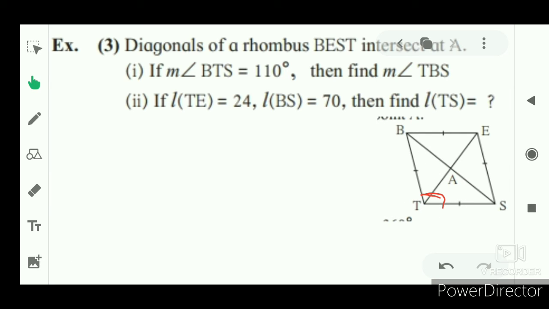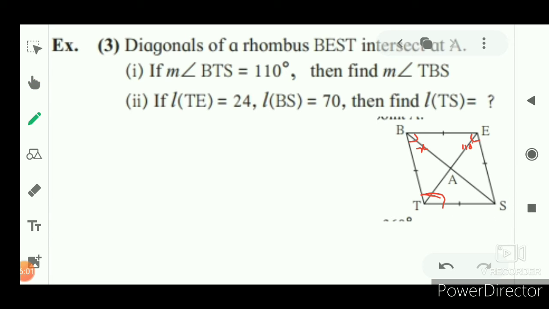In a rhombus we know that the opposite angles are equal, that is, the opposite angles are congruent. So the opposite angle of BTS is BES, so the measure of angle BES will also be 110 degrees. Now angle TBE and angle TSE are opposite angles, so their measures will also be equal, because it is a property of a rhombus that the opposite angles are equal.